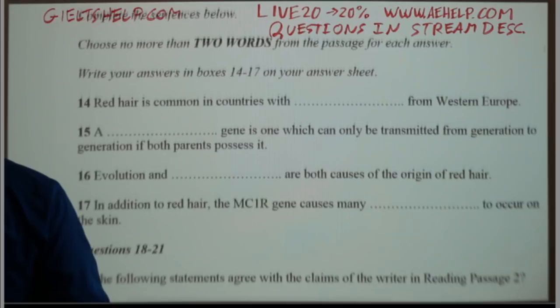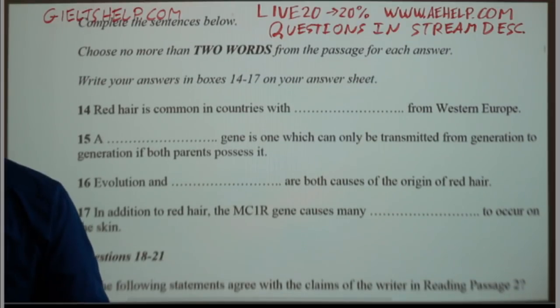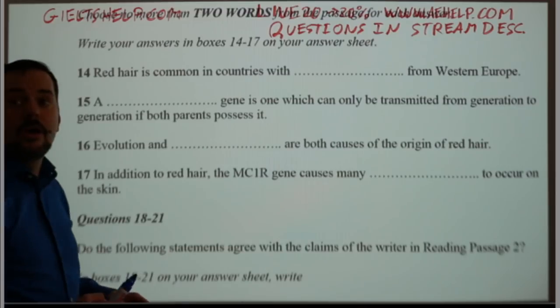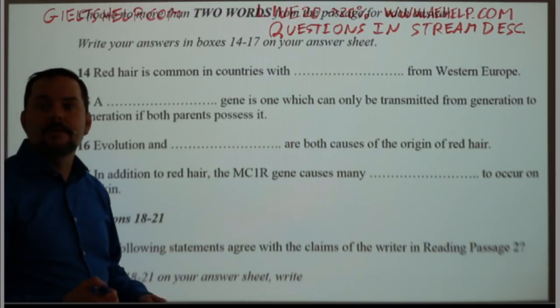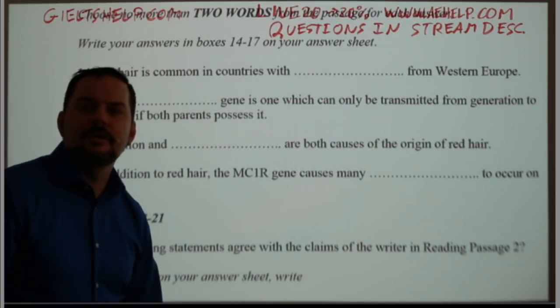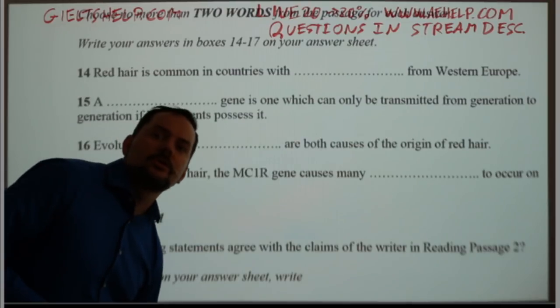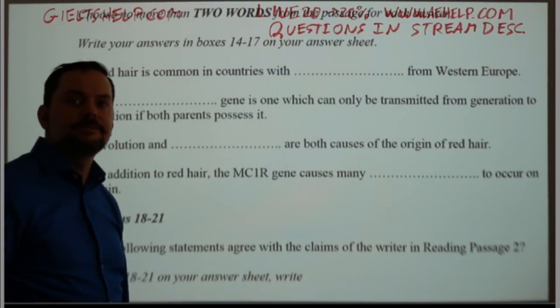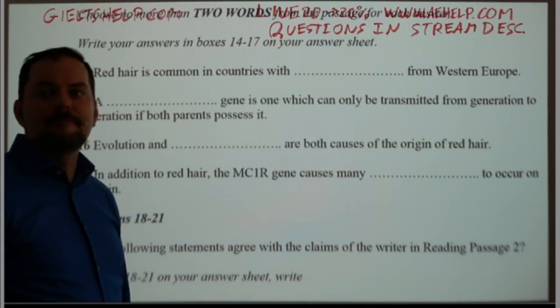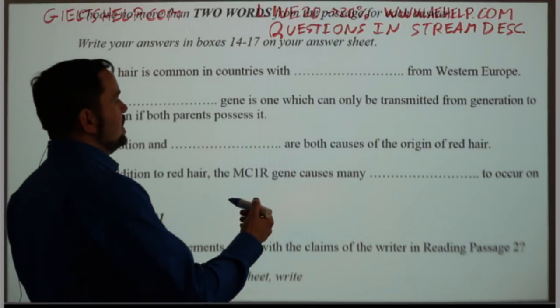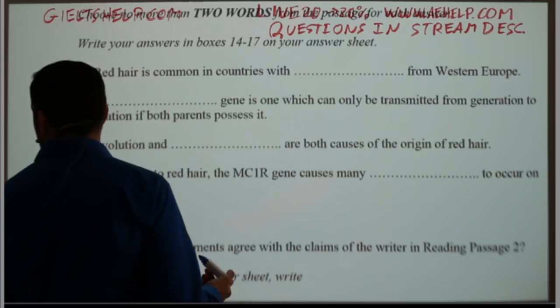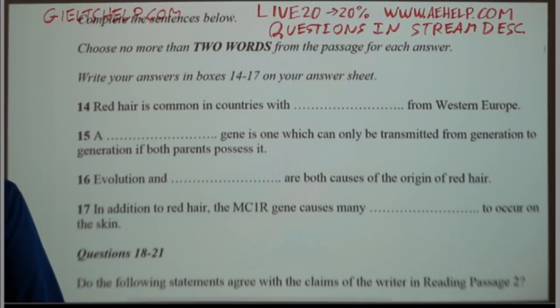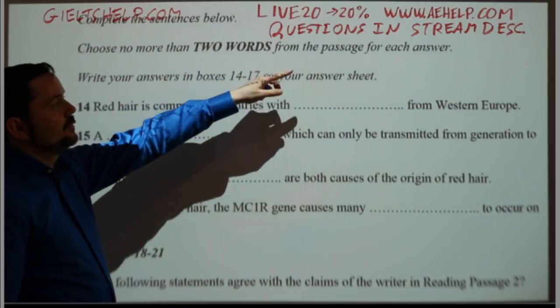Sorry, just a second here. Okay. Raya says historical immigration from Western Europe. Yep, I agree with Raya. That makes much more sense. And here the question, guys and girls, is choose no more than 2 words from the passage.